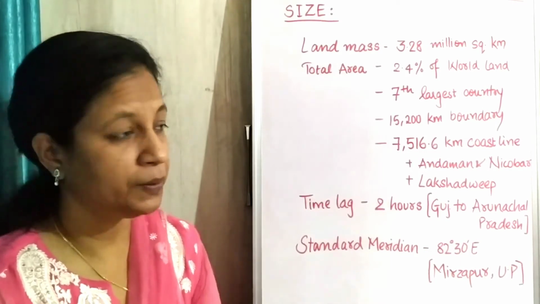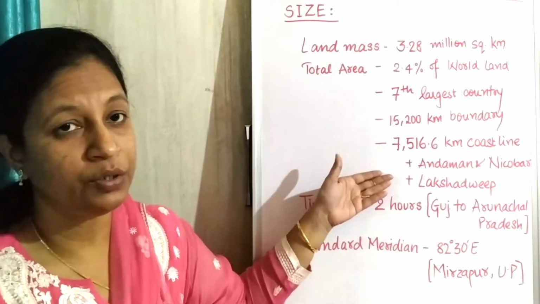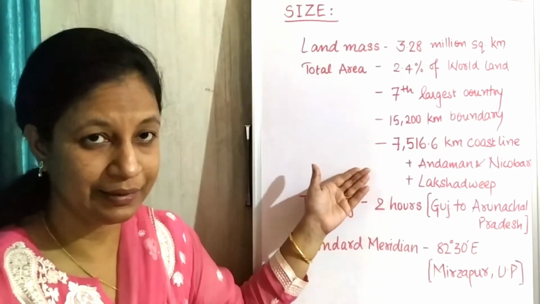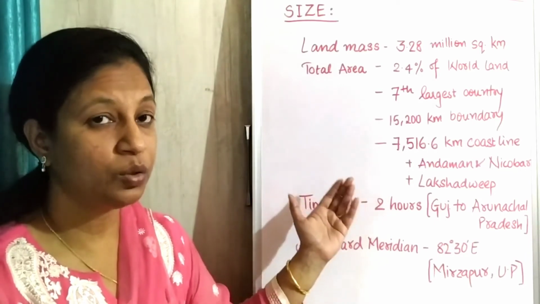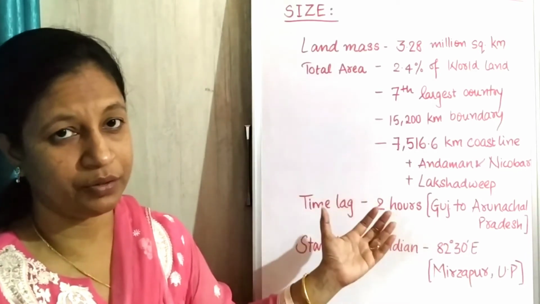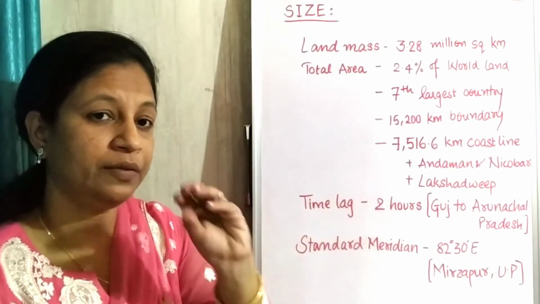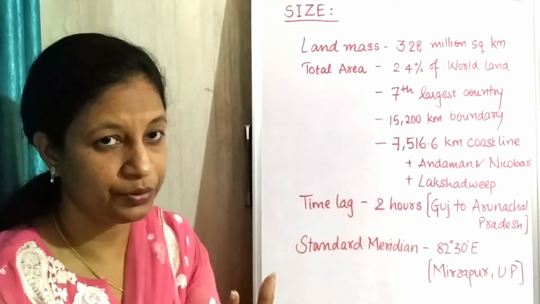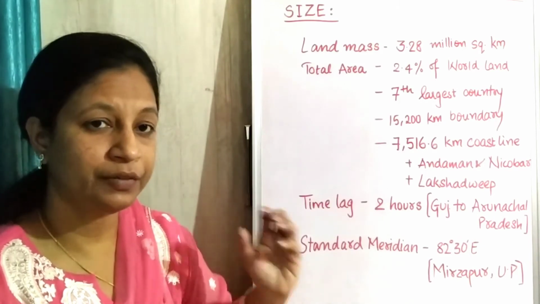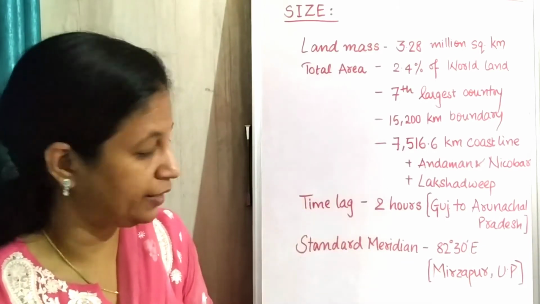So we have 7,516 kilometers of coastal line, which is the largest coastal line in the world. We are the seventh country in the world according to the space we have, but we are first in having the largest coastal line.